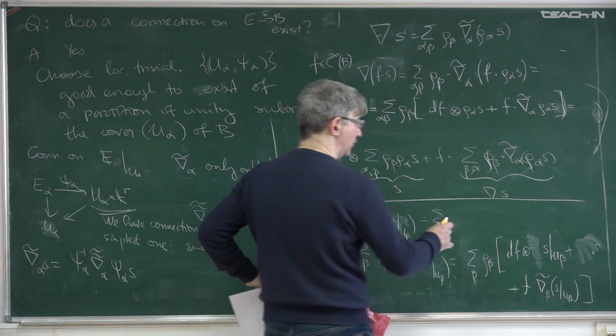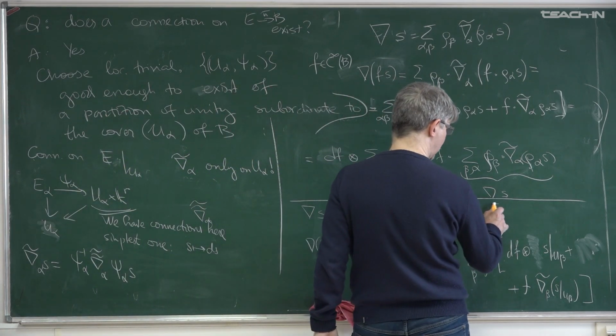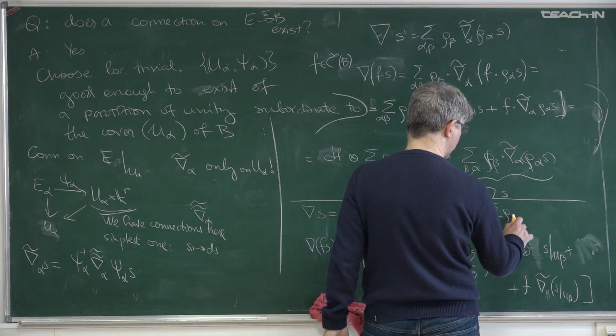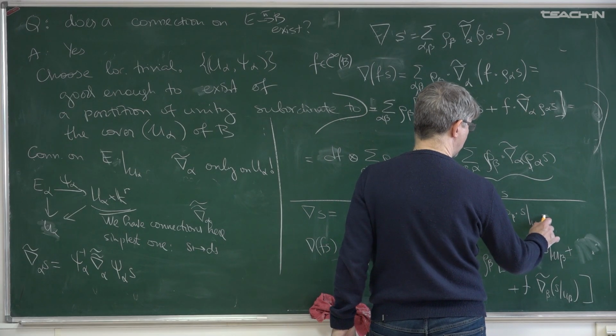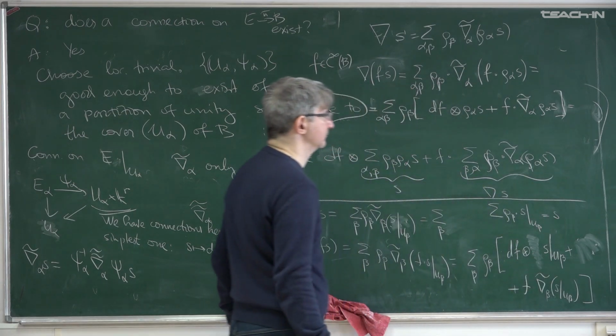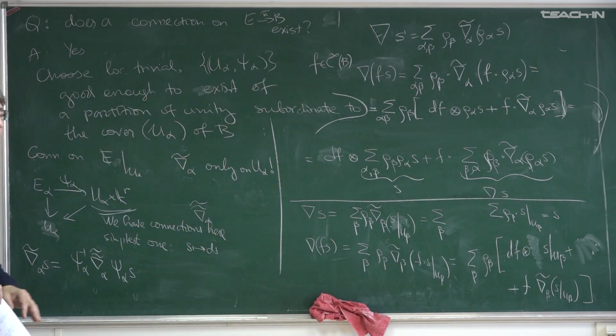Okay, so everything is okay except one question. Is it true that rho beta times s restricted to U beta is the same as this? Yes. By construction of the partition.